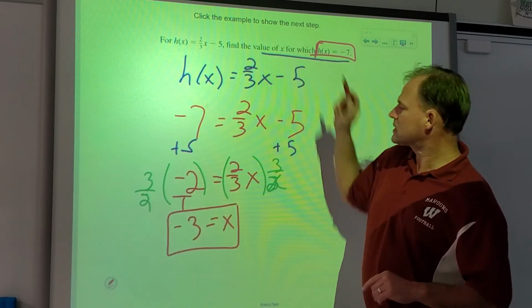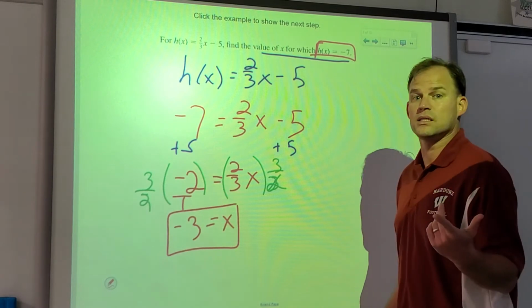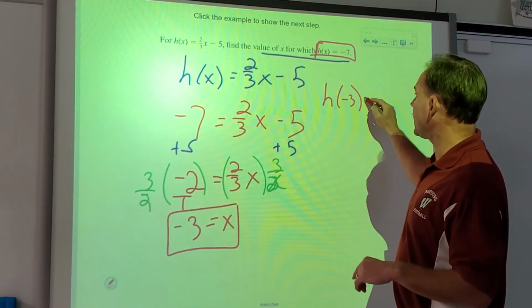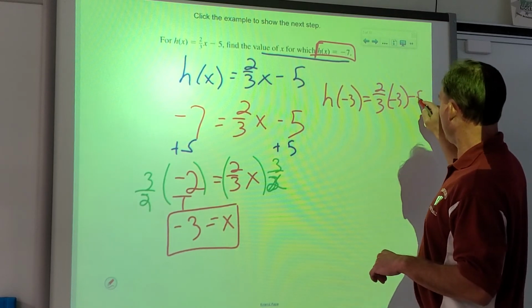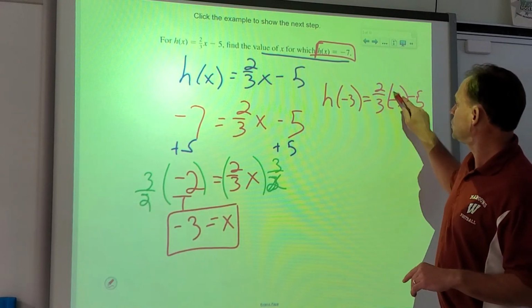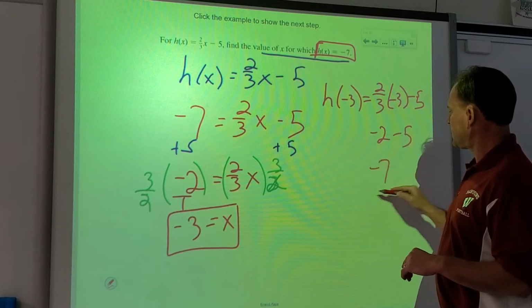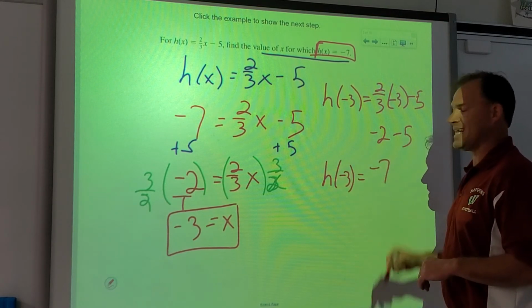So if I plug -3 in here, we can check this. Just like we did in the beginning, plug in -3. Again, calculator's going to come in handy. Multiply these two together, I get -2. -2 minus 5 is -7. So when I plugged in -3, I got -7.